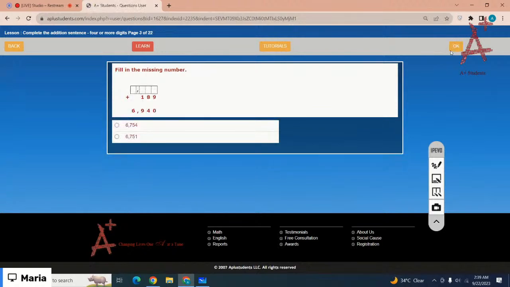Okay, the next one is: the missing number plus 189 and the sum equals 6,940. So which is the correct option?